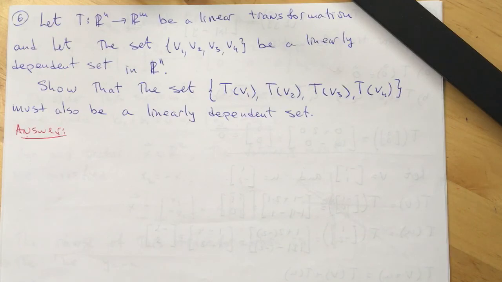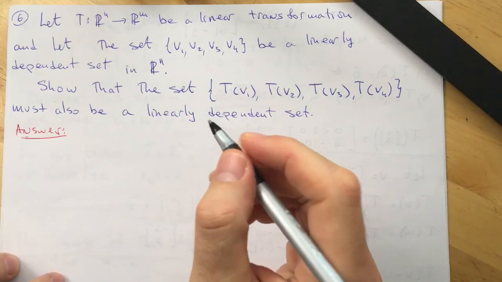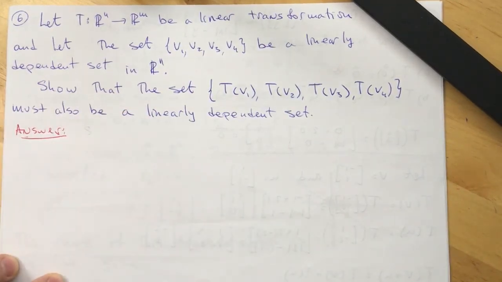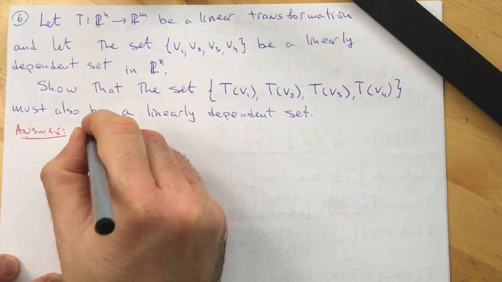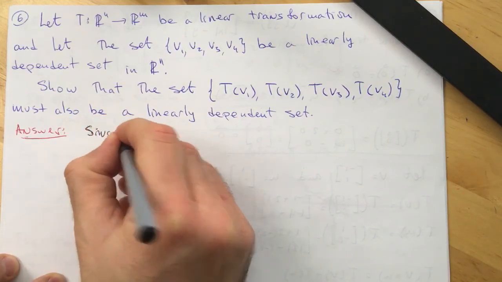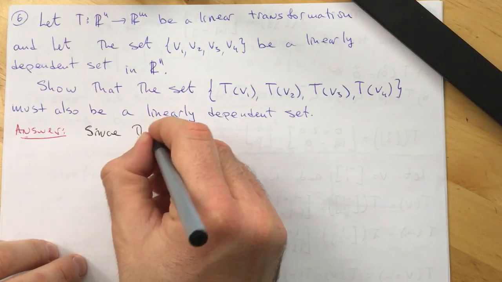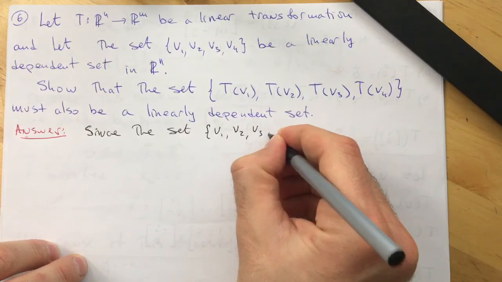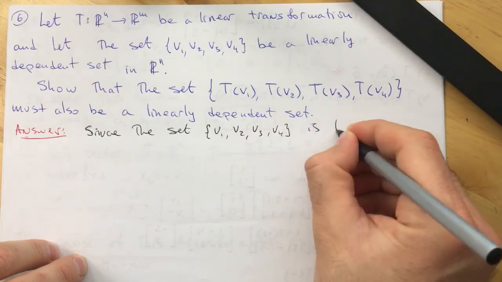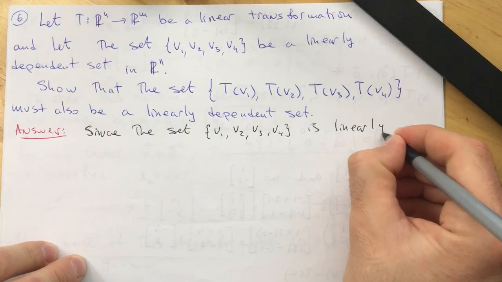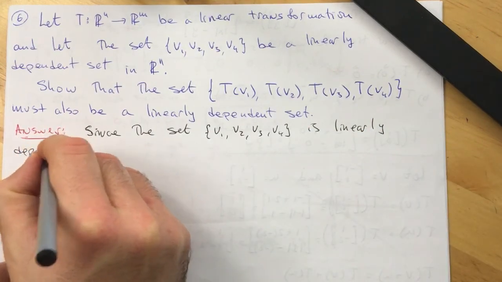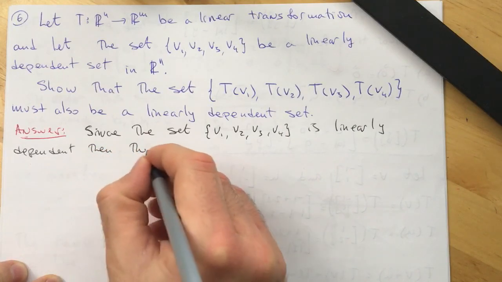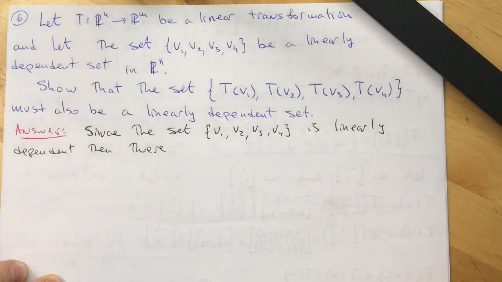Okay? So let's first check what we're given, okay? Since the set v1, v2, v3, v4 is linearly dependent, then what is the definition of a linearly dependent set?